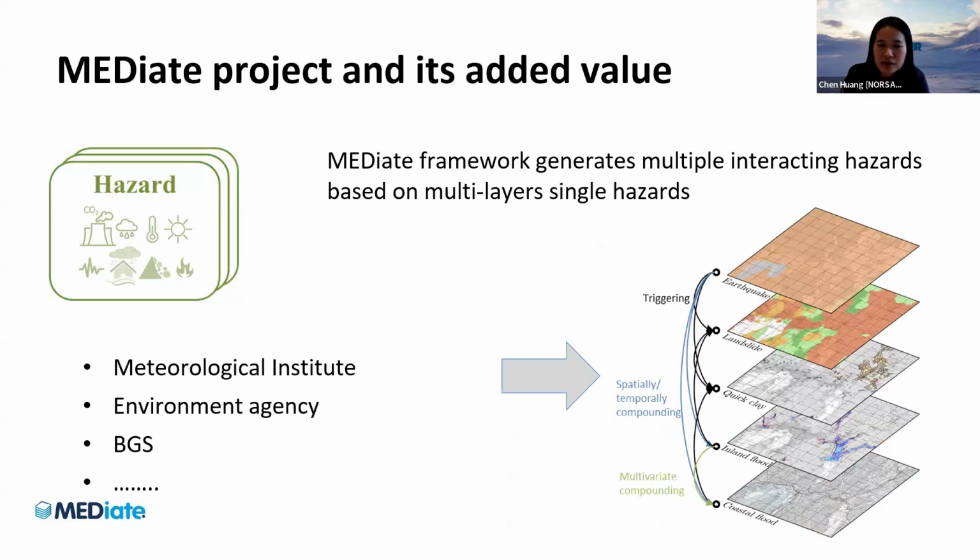For the current practice, many stakeholders we've talked to in our pilot sites have what they consider a multi-hazard map, but it actually is a multi-layer single hazard. And our added value to them is identifying the interaction type between different layers of single hazard. That also helped them to identify what could happen, not just on the single hazard, but in the multi-hazard scope. On the next slide.